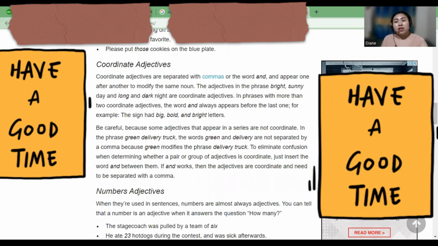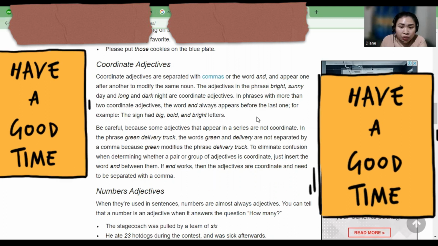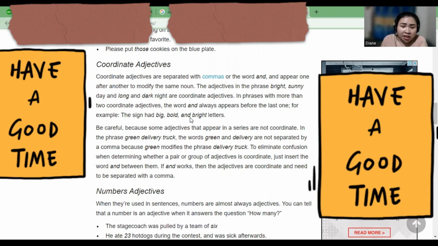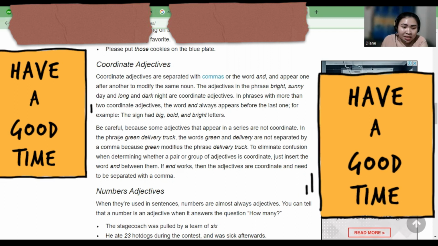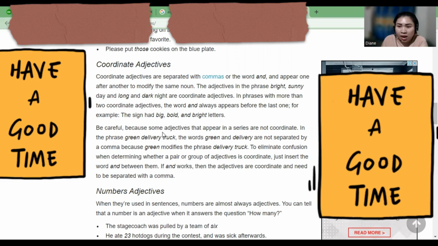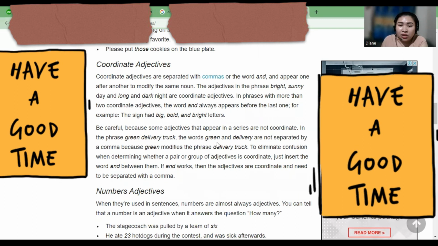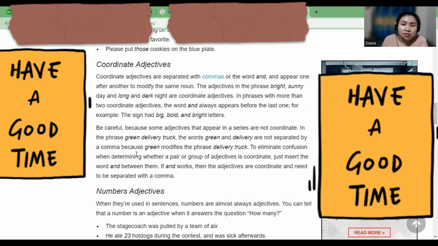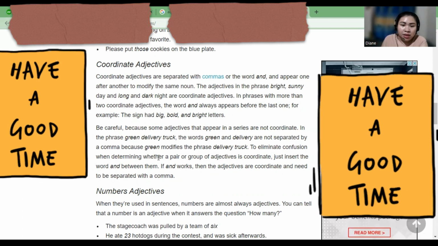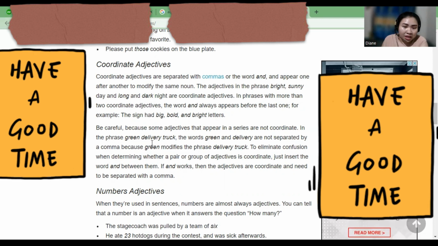Be careful because some adjectives that appear in a series are not coordinate. In the phrase green delivery truck, the words green and delivery are not separated by a comma, because green modifies the phrase delivery truck.